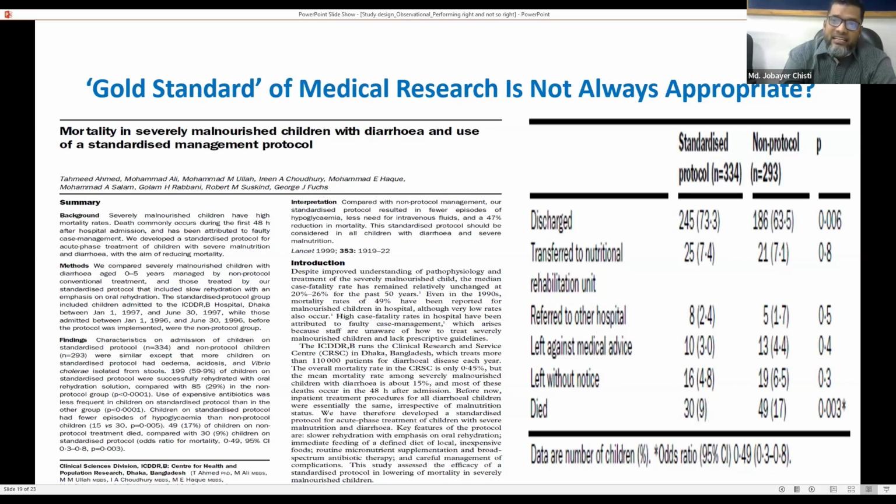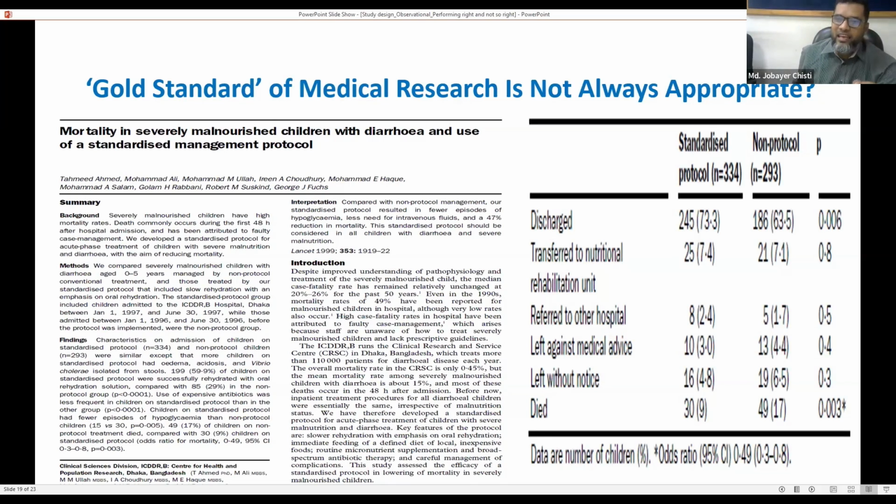And later, there was no randomized trial on that, and WHO adopted this with mild modification as the protocolized treatment of severely malnourished children. So it was a landmark study which was published in the Lancet in 1999.